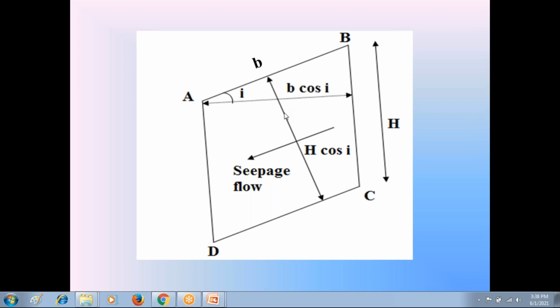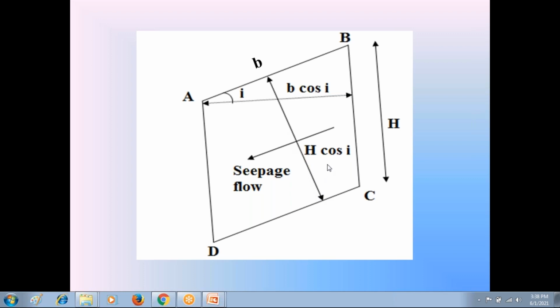This height is not equal to h. H is the vertical height, whereas this is the height perpendicular to direction of seepage flow, that is h into cos i. Now I will explain how this height is h into cos i.